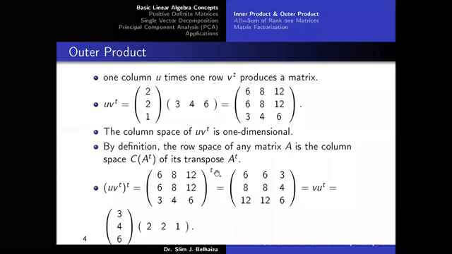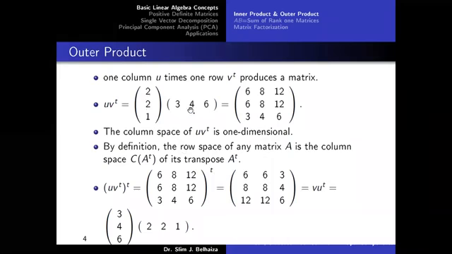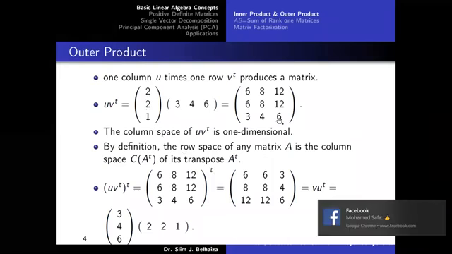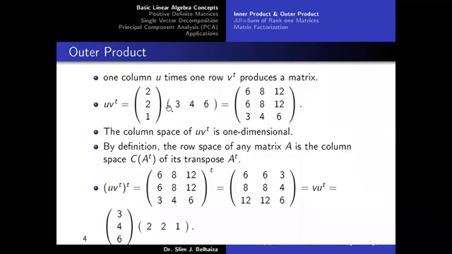So we can see, for example, that if you multiply this column 1, 3, 4 by the row 6, well, it gives you a 3 by 3 matrix, simply because the first column has 3 rows and the second vector has 3 columns.